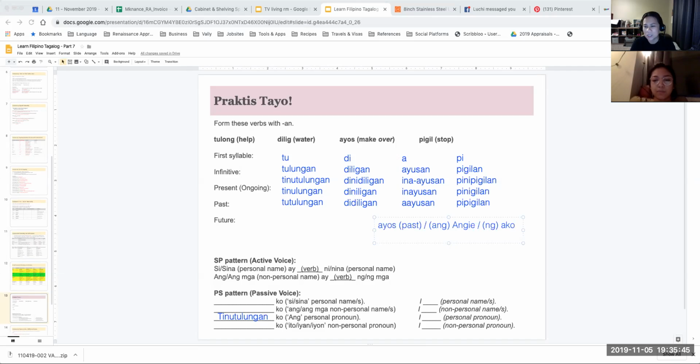What is the nang case of ako? Ko. Very good. So let's say the sentence: inayusan ko si Angie. So I fixed Angie. Inayusan ko siya. I gave her a makeover, something like that. Inayusan ko si Angie.